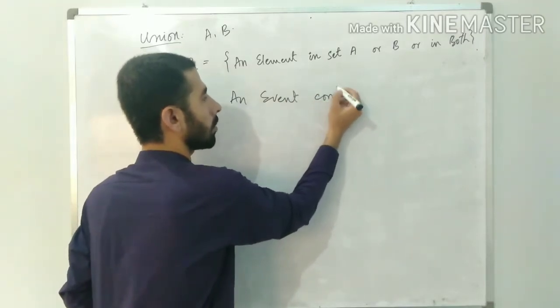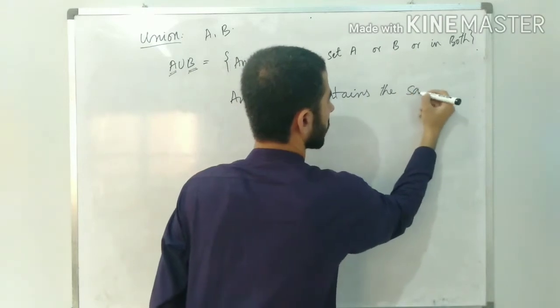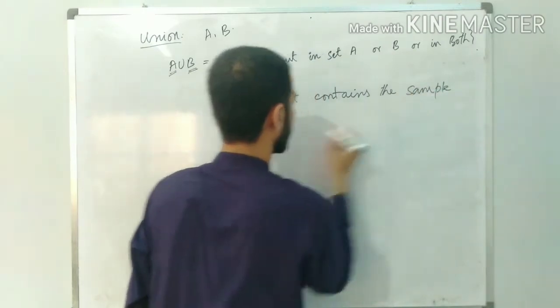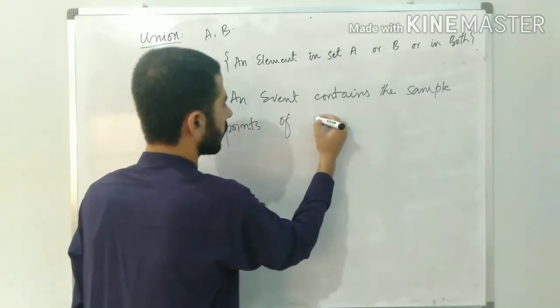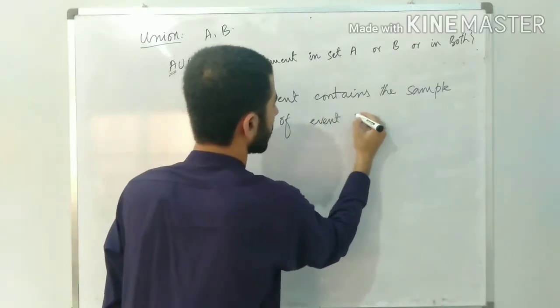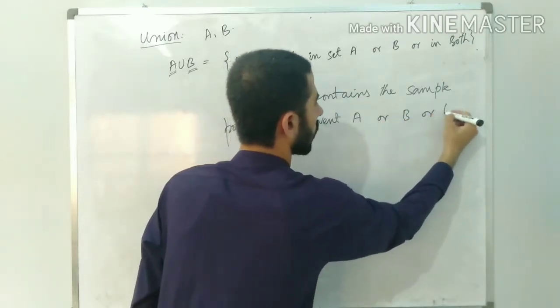which contains the sample points of event A or event B or both.